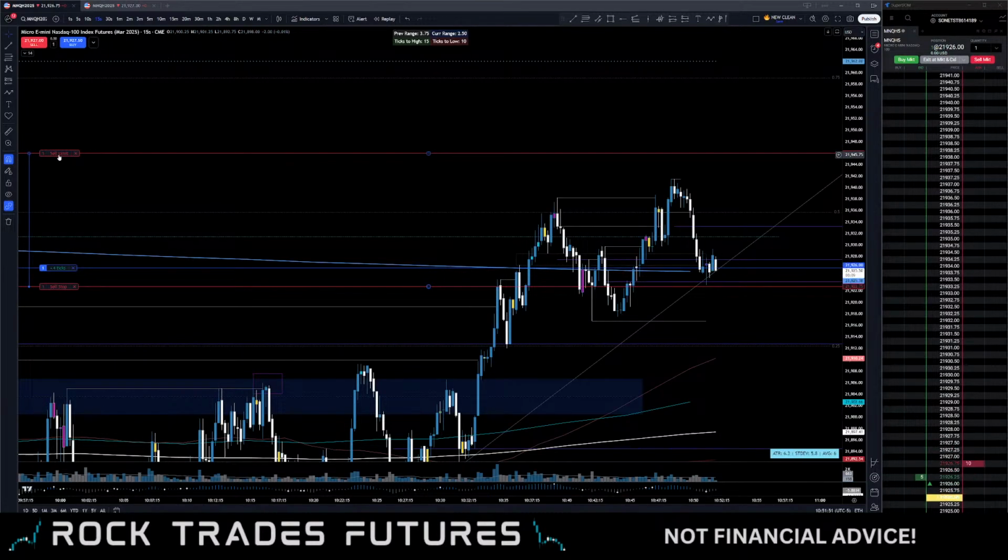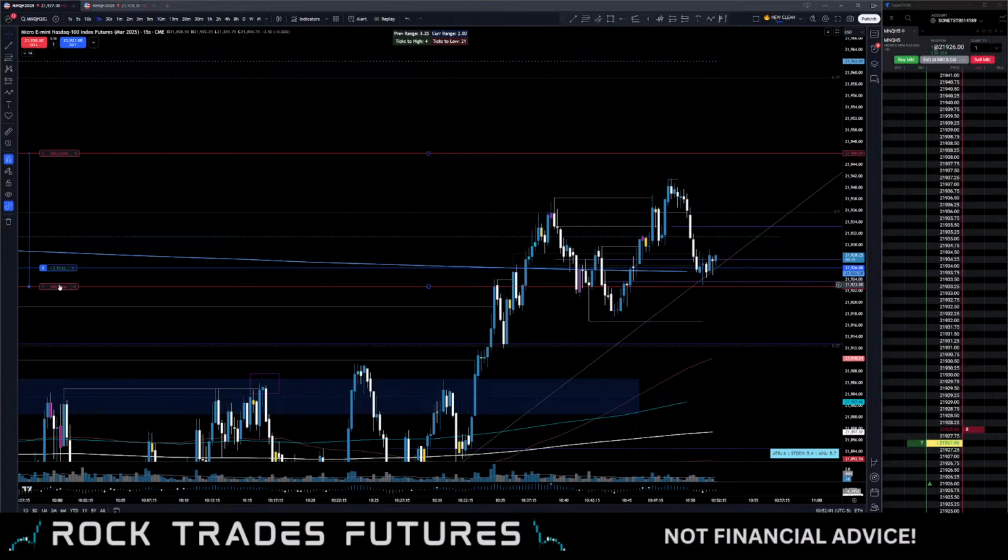I don't like this. Do not like that down close candle getting that low. All right, show them how it's done, Bulls. You've been kicking ass lately.